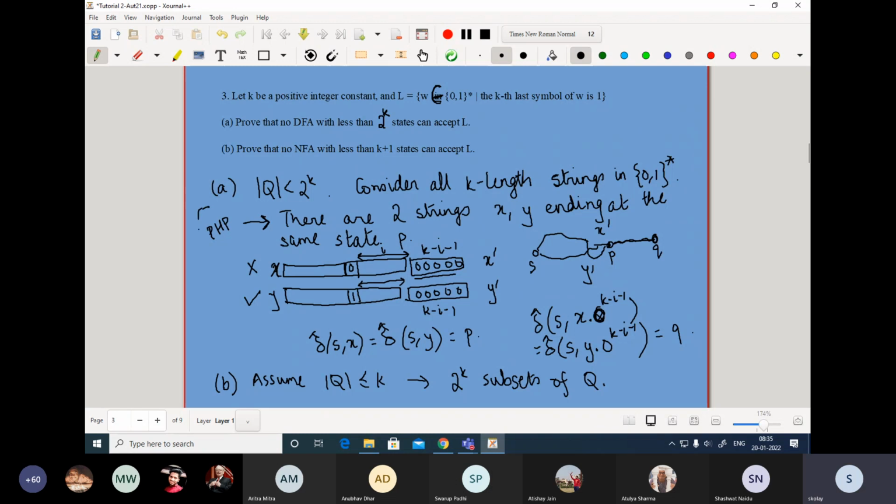Can you do something similar to this? Like if we find some unreachable states, then it is done, right?